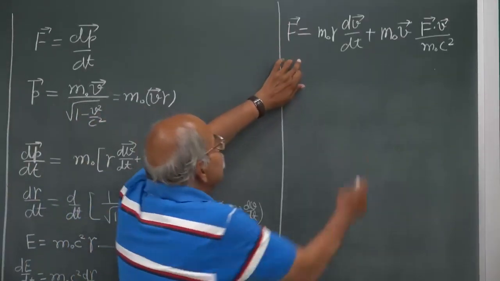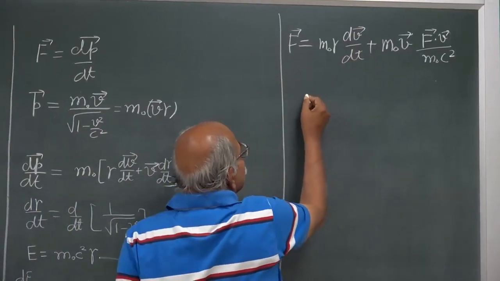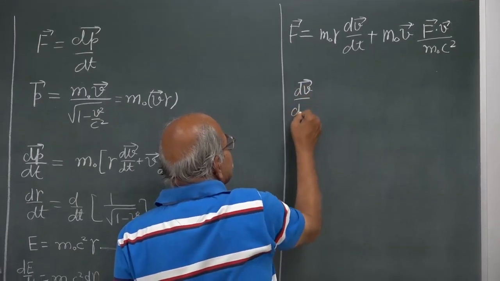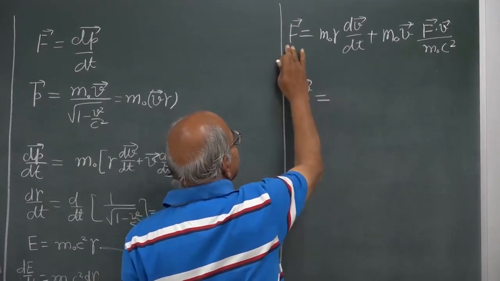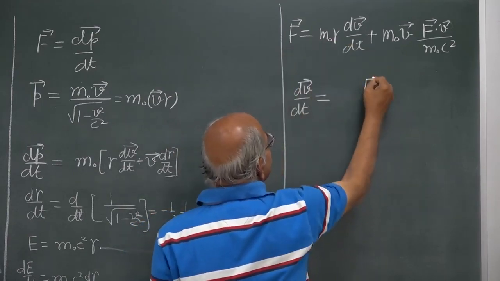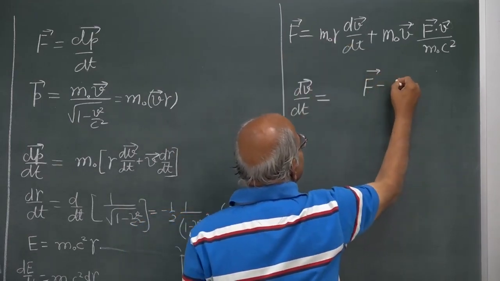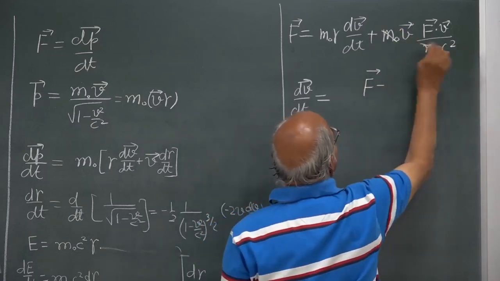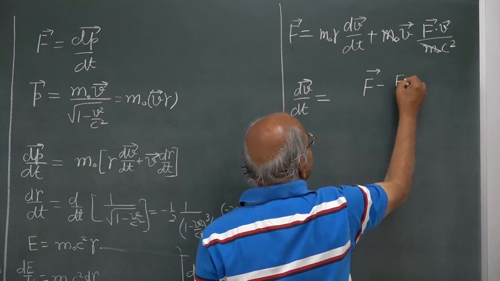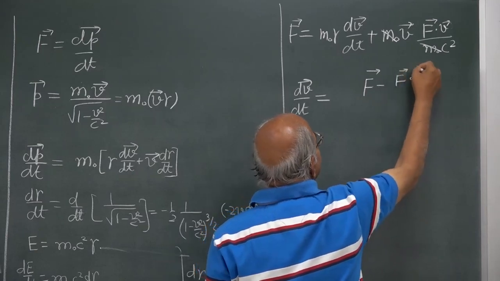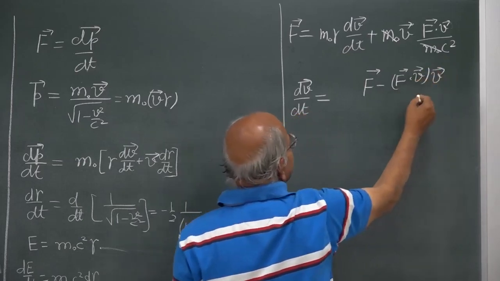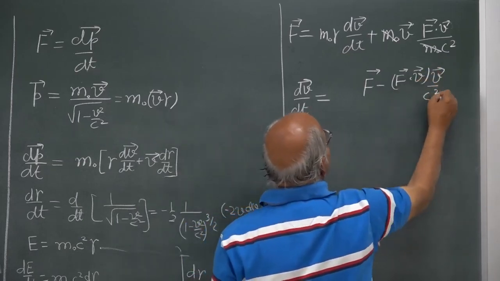So, from here you can write dv/dt. Your dv/dt is this minus this. First let me write F, minus, this m naught you can cancel, so F, and then you have F dot v here, which is a scalar quantity, then this v here, divided by c square.